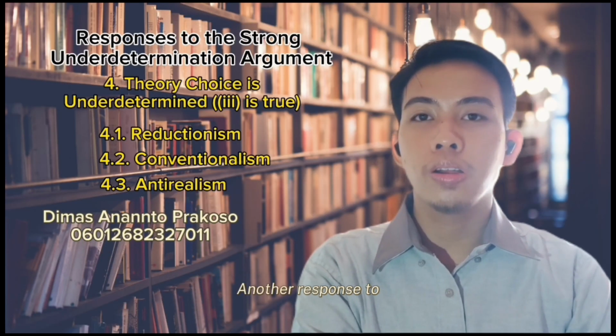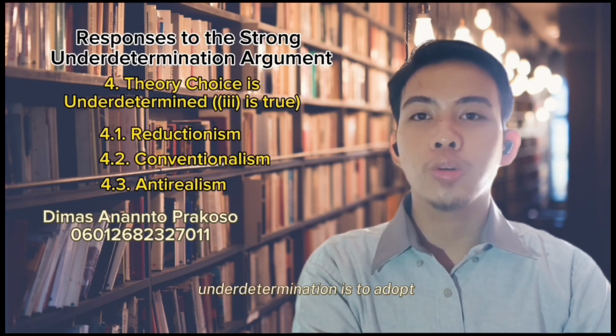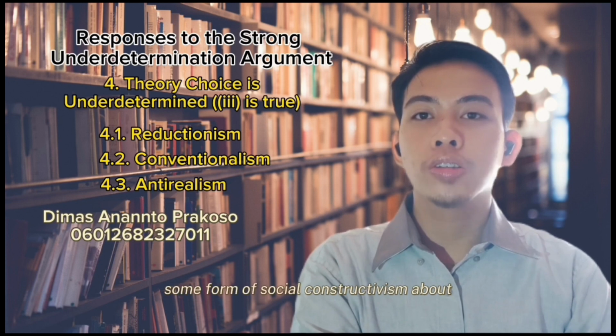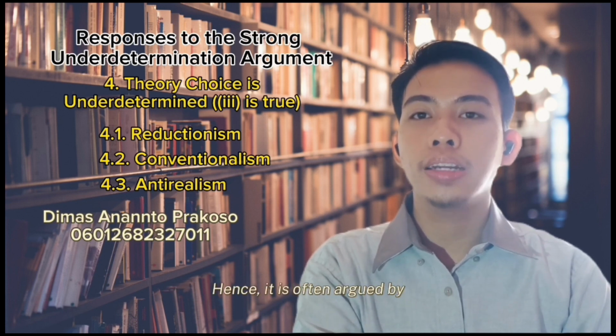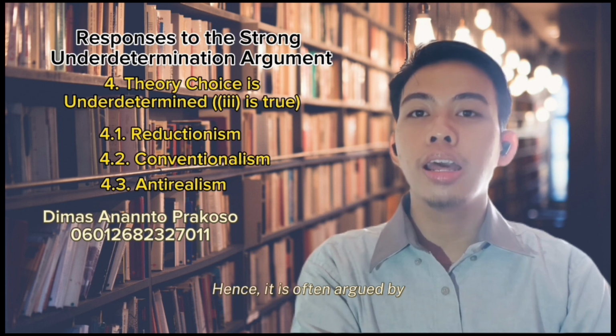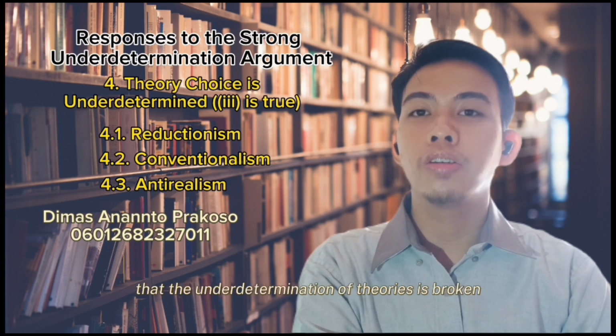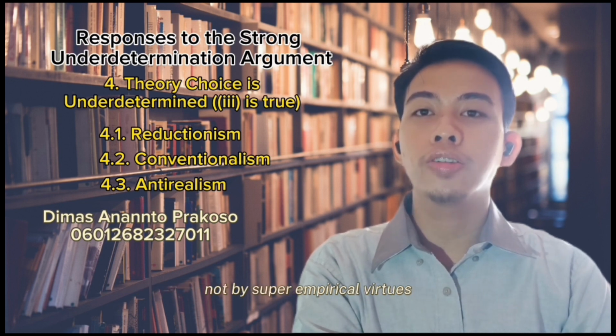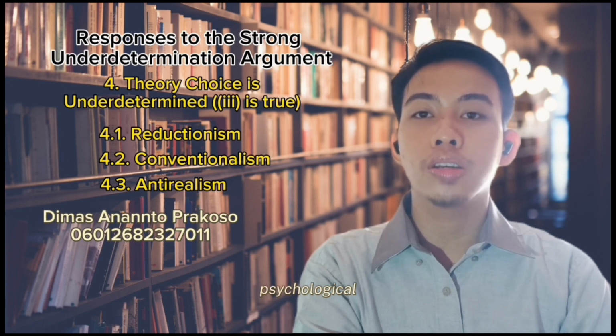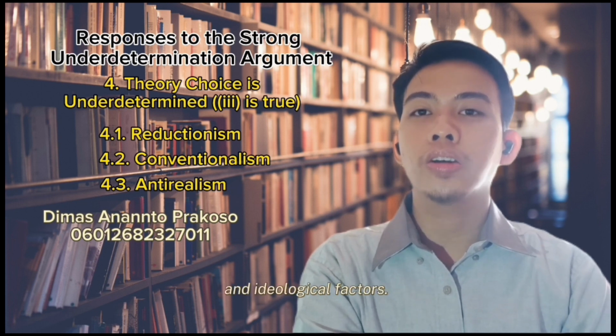Another response to underdetermination is to adopt some form of social constructivism about scientific knowledge. Hence, it is often argued by those influenced by Kuhn and the sociology of science that the underdetermination of theories is broken not by super-empirical virtues but by social, psychological, and ideological factors.